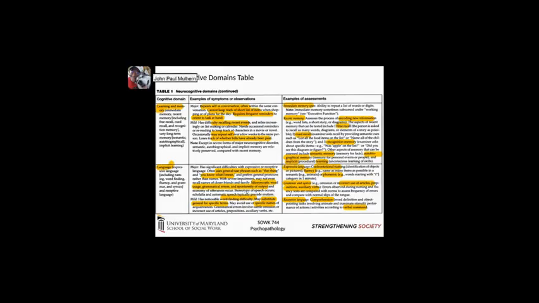Okay, so some aspects of what happens when one experiences or observes neurocognitive decline in the domain of learning and memory. Keeping track of things, often keeping track of bills.